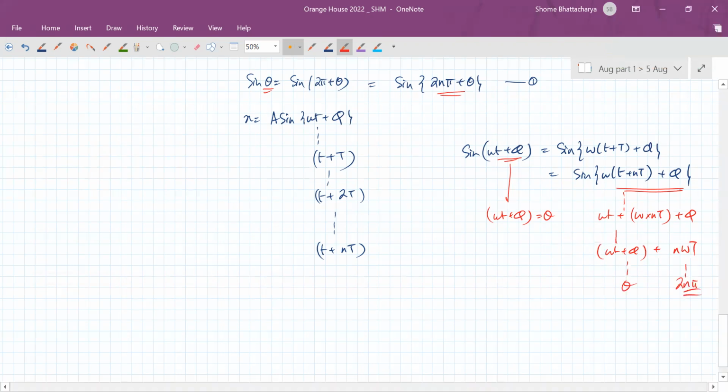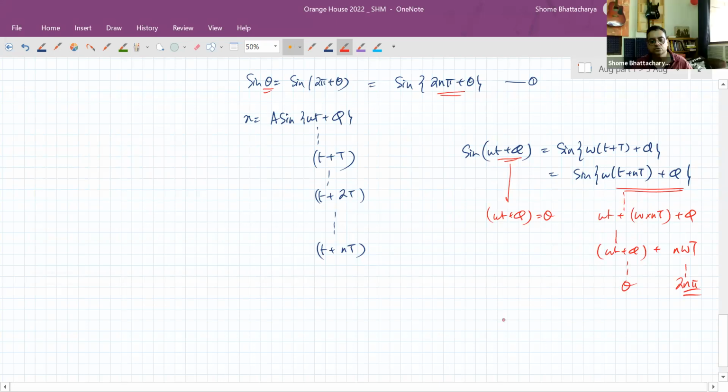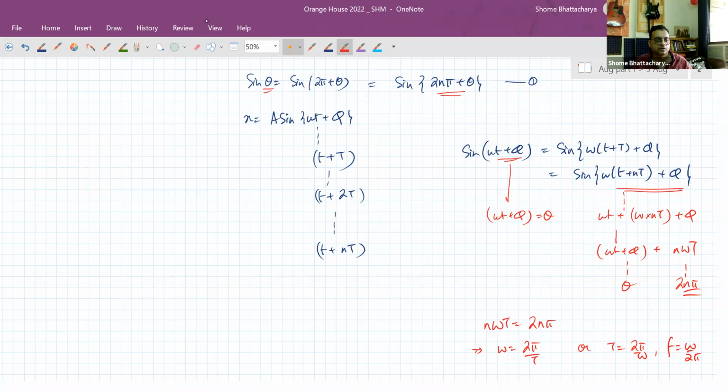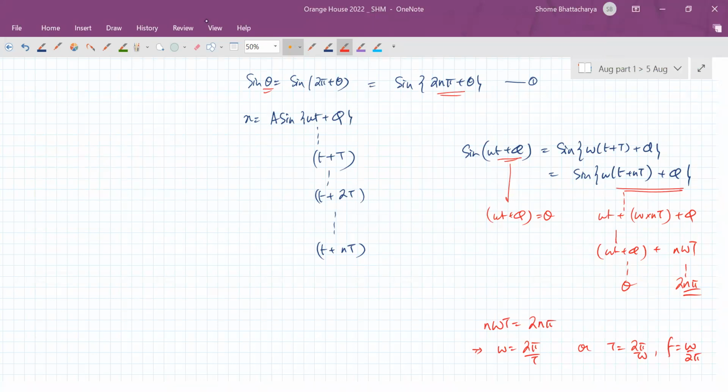Yes, sir. So comparing the two, we can say that n times omega T is equal to 2n pi, or omega is equal to 2 pi upon time period. Or inverting, time period is 2 pi by omega. So frequency is omega by 2 pi, because frequency is the inverse of time period. Hope this is clear. Understood now?